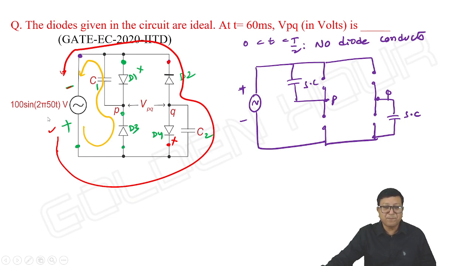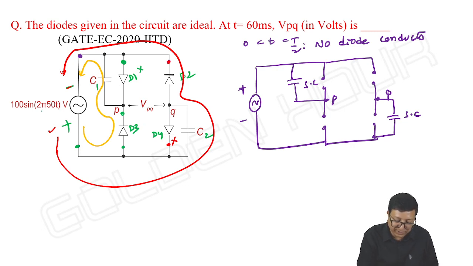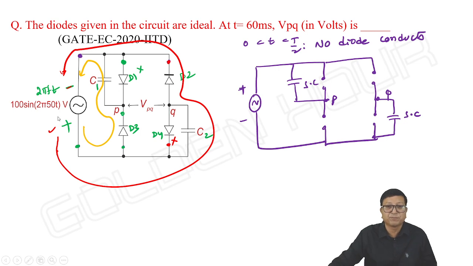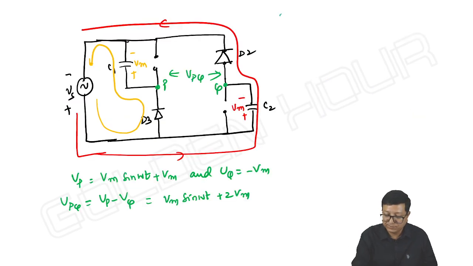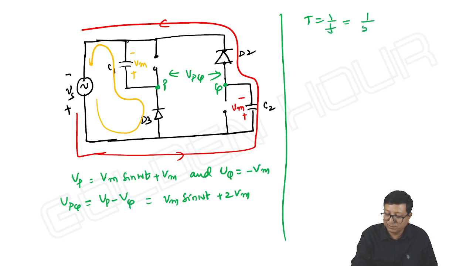What about its time period, friends? Omega is equal to 2 pi f, f is equal to 50. So T is equal to 1 by f, 1 by 50. It is equal to 20 milliseconds time period. Okay.